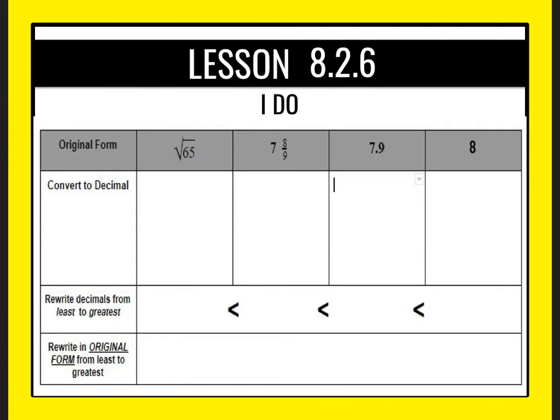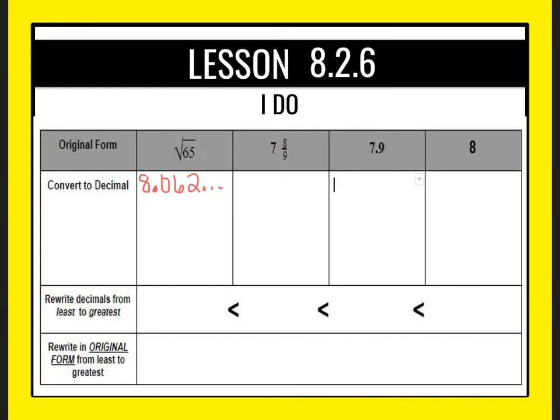It's important that you have your Desmos graphing calculator out, and you should have seen the video that we posted on just how you enter specific values in your calculator. So when you enter square root of 65, you should get, of course, an irrational number, and the value that you're going to get is 8.062, and I'm just going to emphasize that this number would continue because it's irrational.